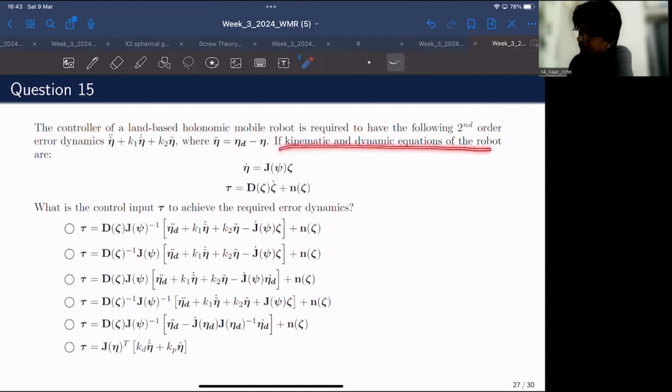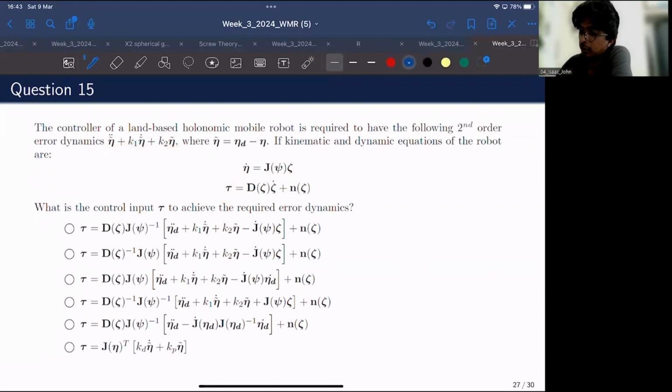If the kinematic and dynamic equations are given as so and so, eta dot is J of psi multiplied by zeta, and tau is D of zeta, zeta dot plus N of zeta, then what should be the appropriate control input so that the system will follow the second order dynamics?